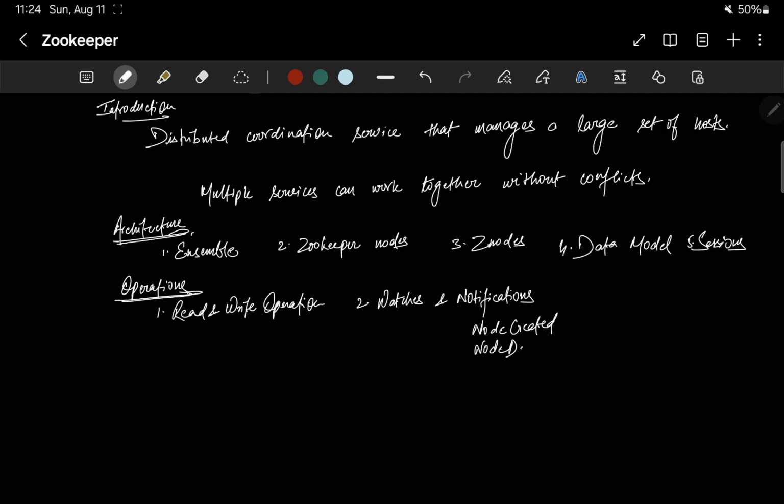Node deleted is triggered when a Z node is deleted. Node data changed, as the name suggests, is triggered when the data of a Z node is modified. And node children changed is triggered when the children of a Z node are modified.